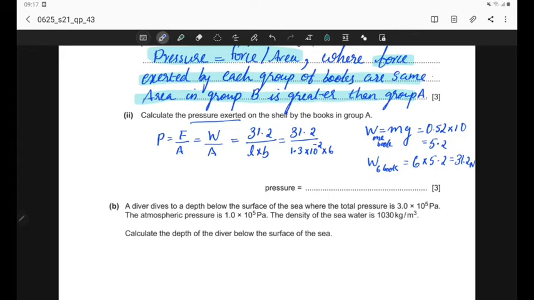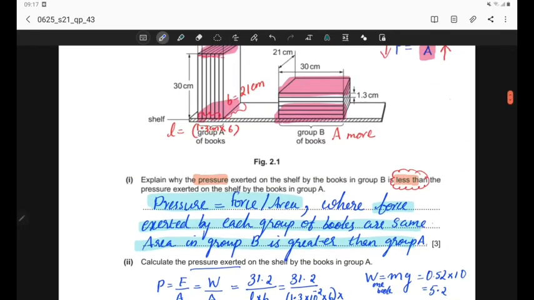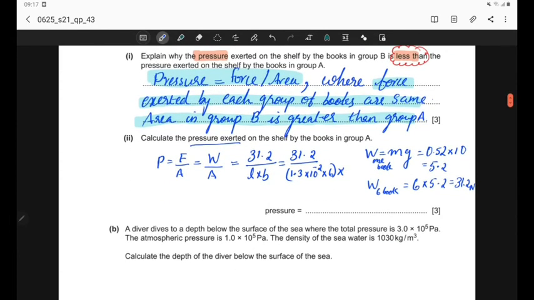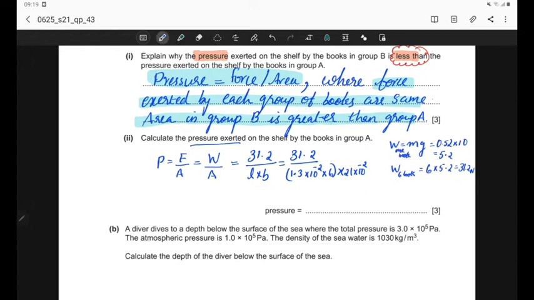So this is the length, which you should multiply with breadth, which is also given, that is 21 centimeter. You should convert again into 10 to the power minus 2. This is a conversion of centimeter to meter. And we will get the answer 1900. The unit of pressure is Pascal.